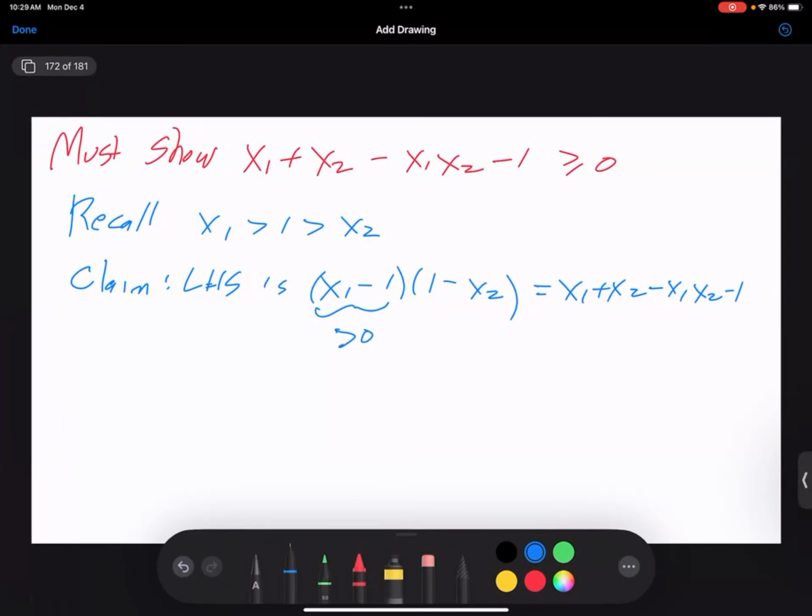What do we know about 1 minus x2? Why negative? It's 1 minus x2. It's also positive because we know x2 is less than 1. This is why we chose the two numbers. So we get x1 plus x2 minus x1 x2 minus 1 is greater than 0. And we win.